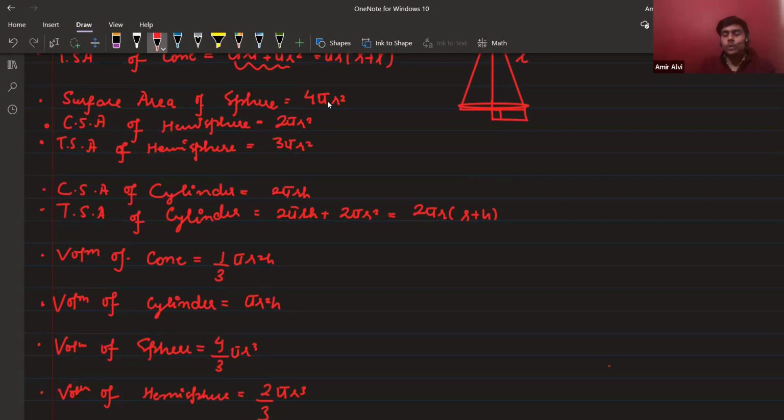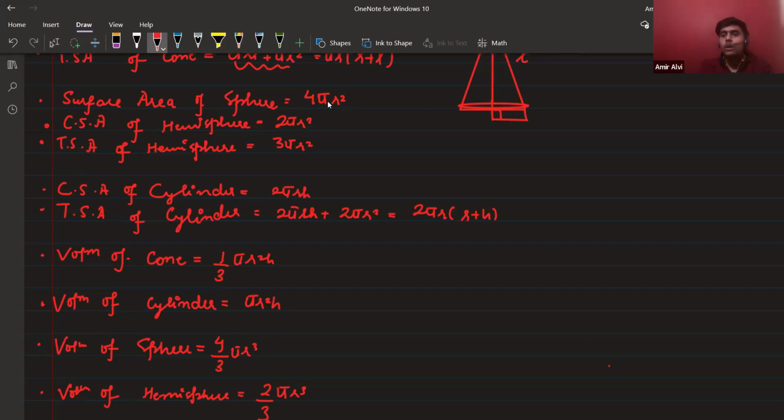One more thing. Is there any difference between the curved surface area of a sphere and the total surface area of a sphere?